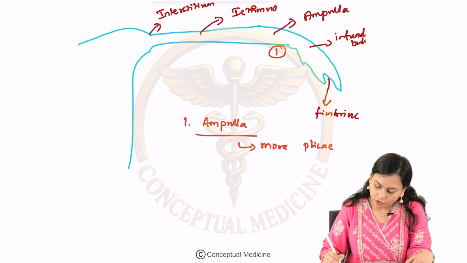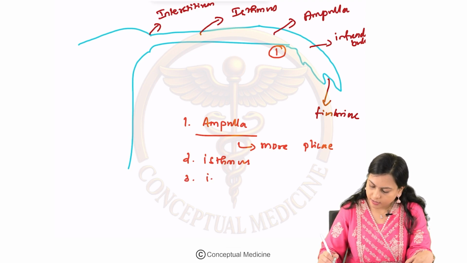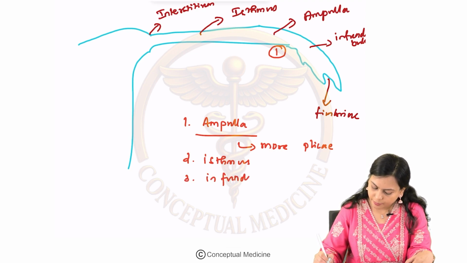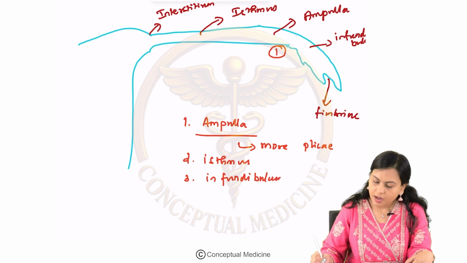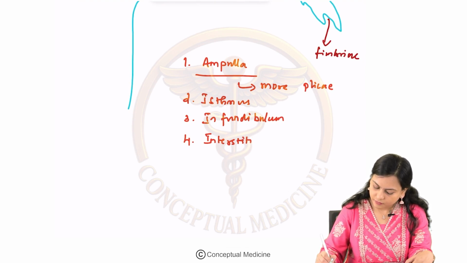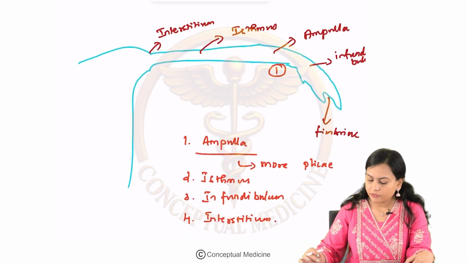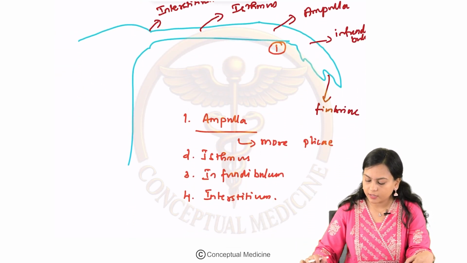Followed by ampulla, it is the isthmus, then the infundibulum, and then the interstitium. Clear? So these are the various sites of ectopic in tubes.